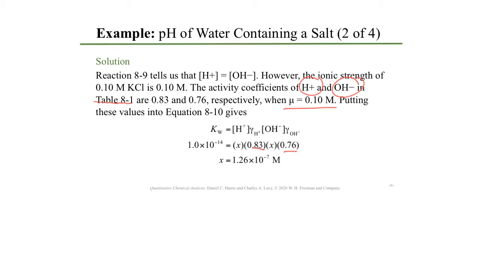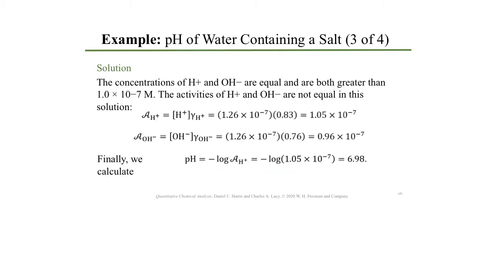That obviously is going to change what the solution for X is. We plug that back in to get activity out, and so now we've got the activity of the hydrogen ion and the activity of OH minus.